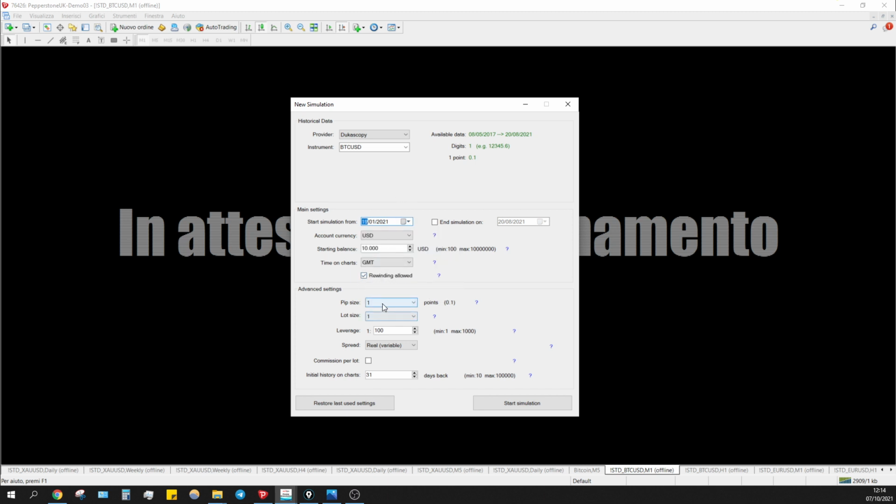Tuesday, 10,500. The spread will be fixed at, should be 4 pips like this. And of course, I would like a lot of history.